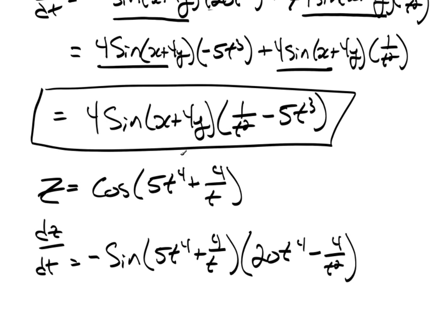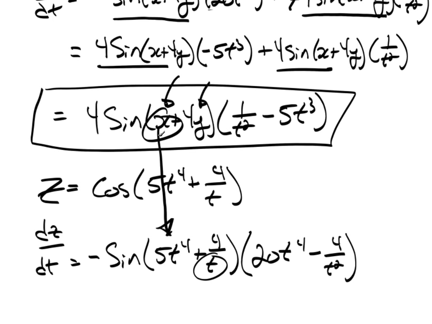But notice over here, I still have this with x's and y's. And if I substitute in the value of x, which is 5t to the fourth, right there is my 5t to the fourth. And y was 1 over t, well, right here is my 1 over t. So these are identical.